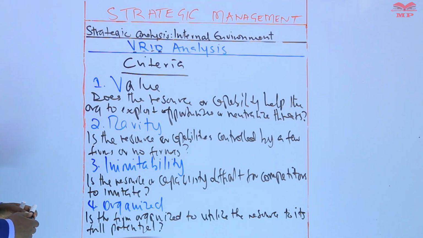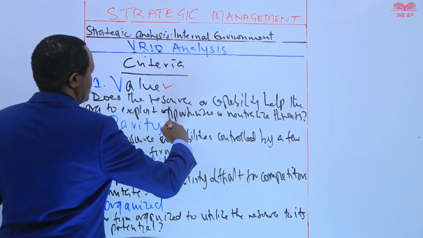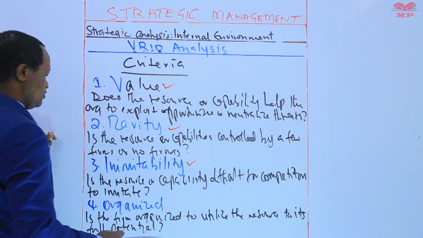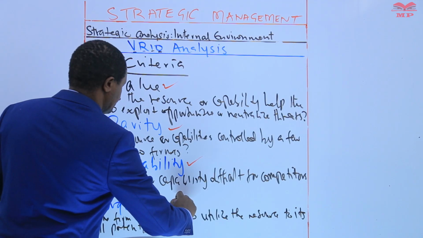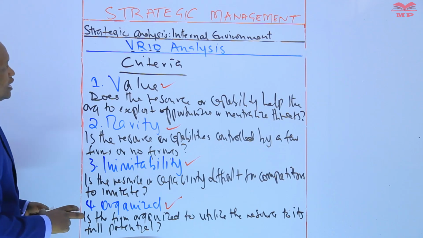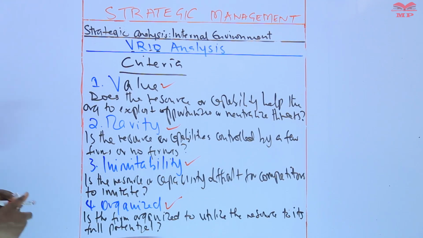So these are the 4 criteria that can be used by an organization to analyze resources and capabilities. 1, value. 2, rarity. 3, inimitability. 4, organizational support.